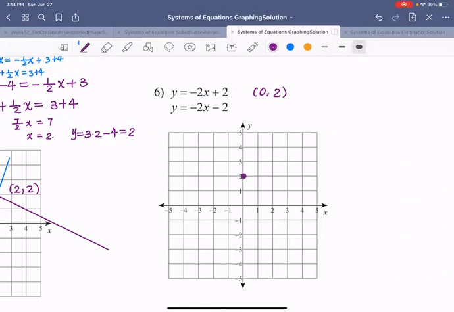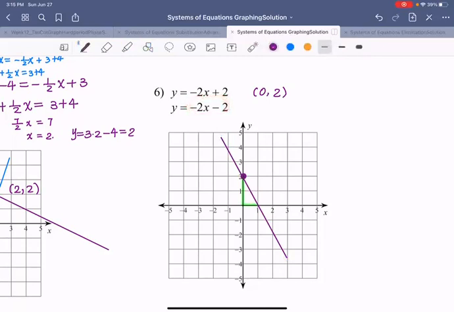There. How do I draw this? Go down to -2 and then you draw a line. Like that, right? Yeah. Okay.